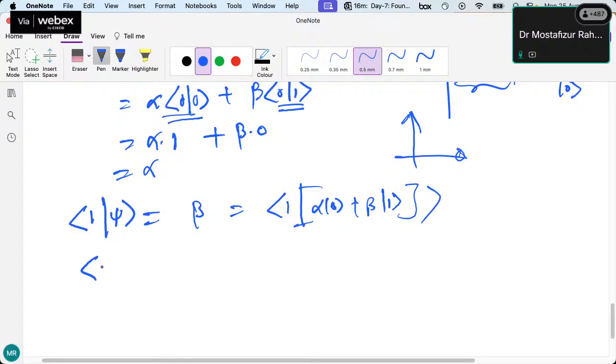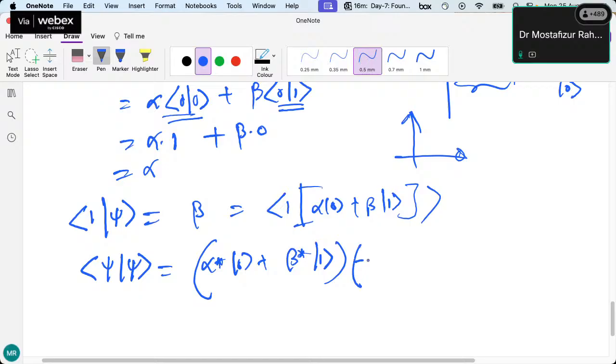Now, if I do the inner product of psi with psi, that means I do the projection of a vector onto itself. Then we'll be getting alpha star Bra 0 plus beta star Bra 1, multiplied with alpha Ket 0 plus beta Ket 1, which equals alpha squared plus beta squared, modulus.